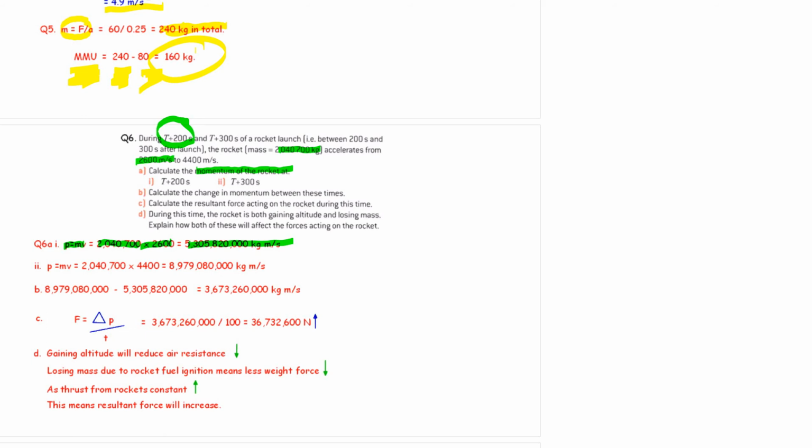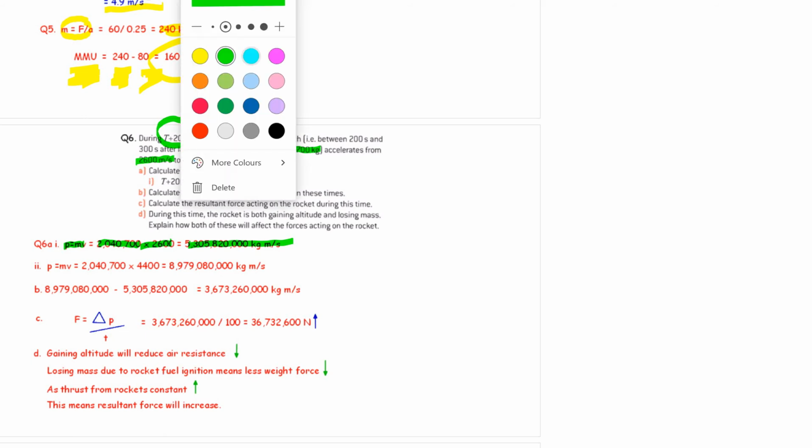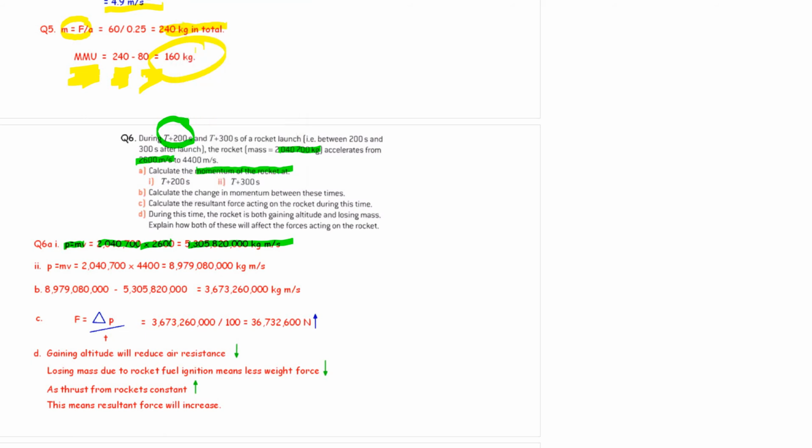Now if we do the same for plus 300 seconds, it's the same mass, but it is multiplied by 4,400, so we get a larger momentum.